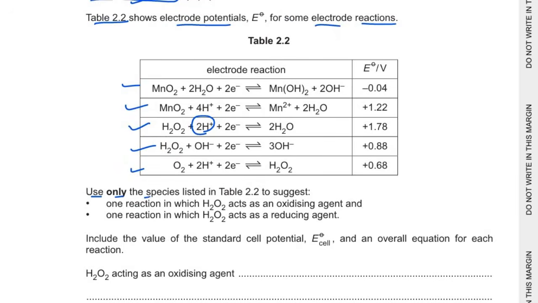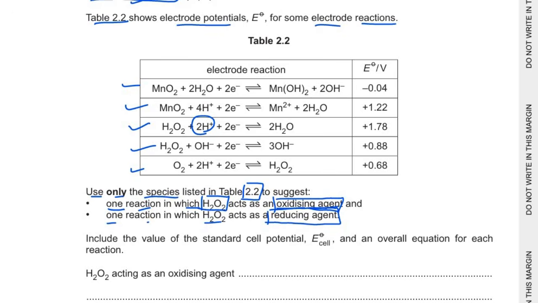Use only the species listed in table 2.2 to suggest one reaction in which hydrogen peroxide acts as an oxidizing agent, and one reaction in which hydrogen peroxide acts as a reducing agent.